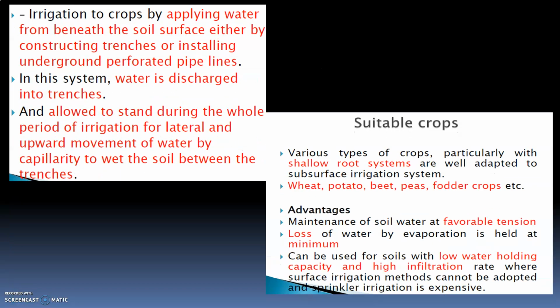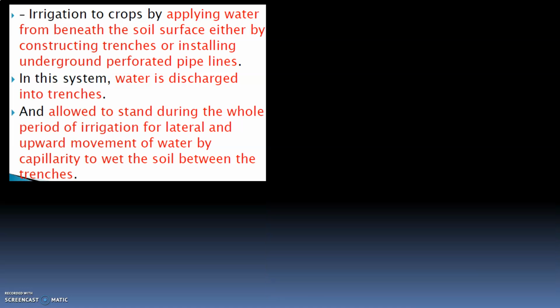That is the method. And next one, okay, this is suitable for irrigation to the crops by applying water from beneath the soil surface, either by constructing trenches or installing underground perforated pipelines.